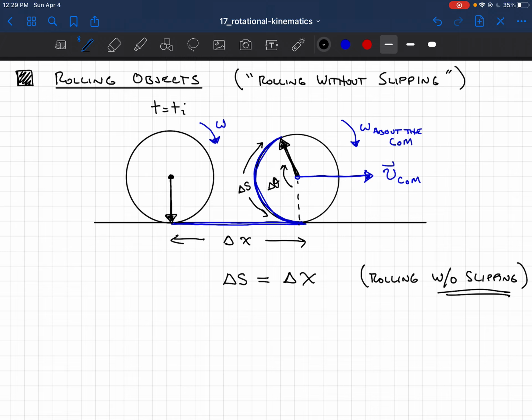Well, we know what delta s is. Delta s is equal to the radius of the wheel multiplied by delta theta. So we can relate the position change of the wheel to the angular change of the wheel. And ultimately, what we'd want to do is to figure out the relationship between omega and v, so we just divide this equation by delta t.